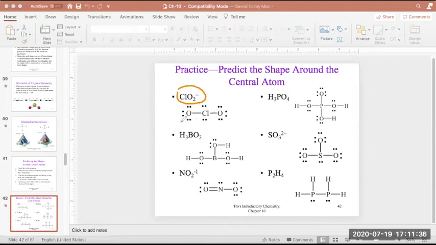So if we talk about this structure, what do you think the structure will be? You have one center, two surrounding it. It should be linear? No. Why? Because you have a lone pair on the central atom. Because of this, it gets bent down. So the structure will be something like this. ClO2, right?